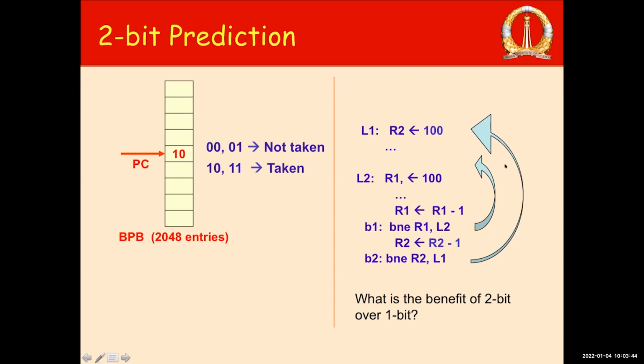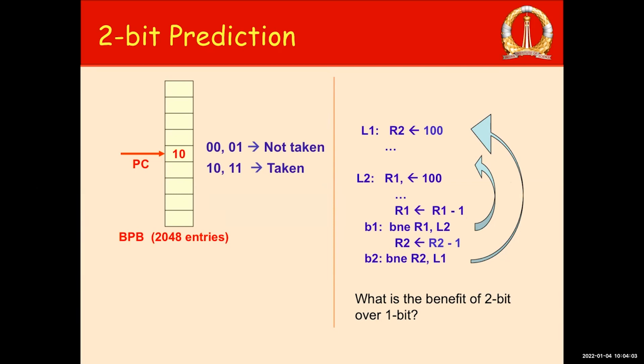But the next time when you come back and execute the same branch instruction, because it would have moved from a strongly taken to a weakly taken state, it will still predict as taken, and that prediction is correct, then it will again move to the strongly taken state and it will continue to predict correctly.